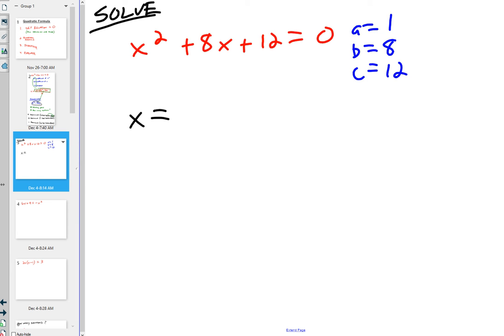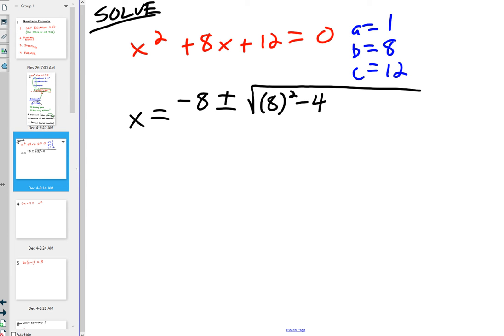So if B is 8, what is negative B? Negative 8. Negative 8 plus or minus the square root of B squared minus 4.